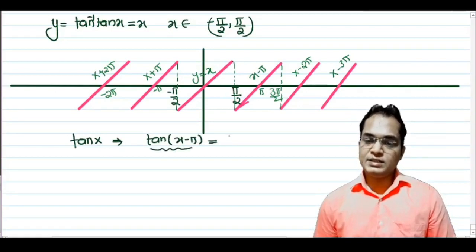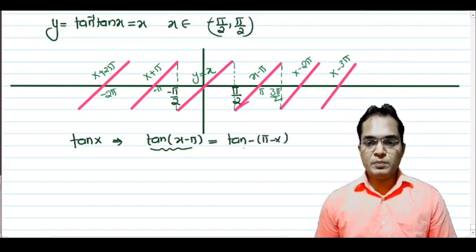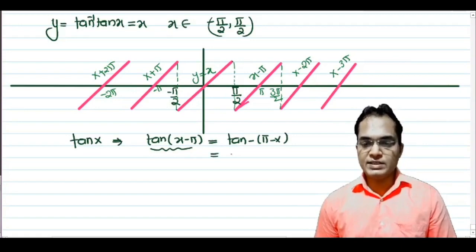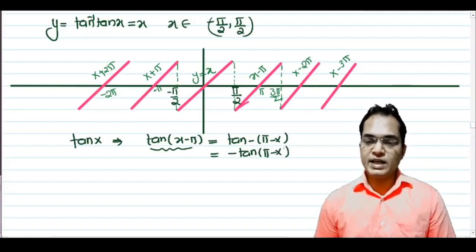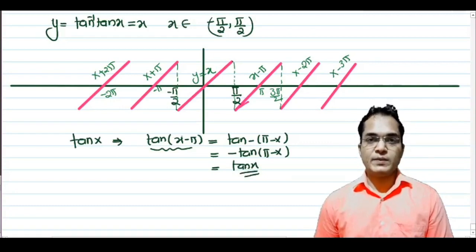We can write it as tan of minus times pi minus x. By the property of tan, it is minus tan of pi minus x. In which quadrant is it? In the second quadrant. In the second quadrant tan is negative, so it is tan x. So you can write tan x by this system, x minus pi. Similarly, x minus 2 pi, x minus 3 pi.